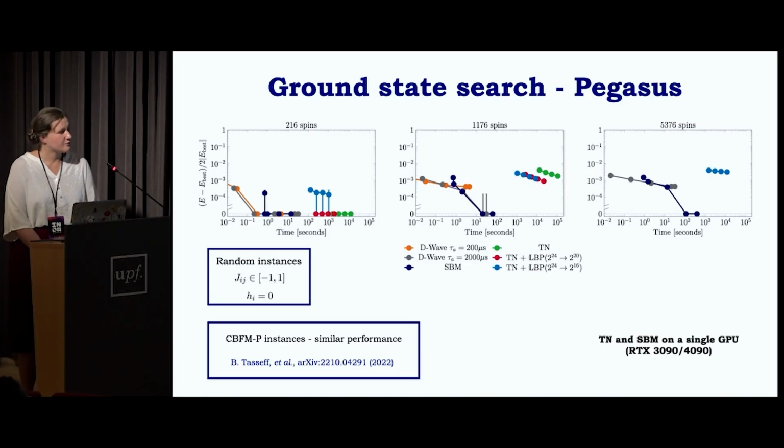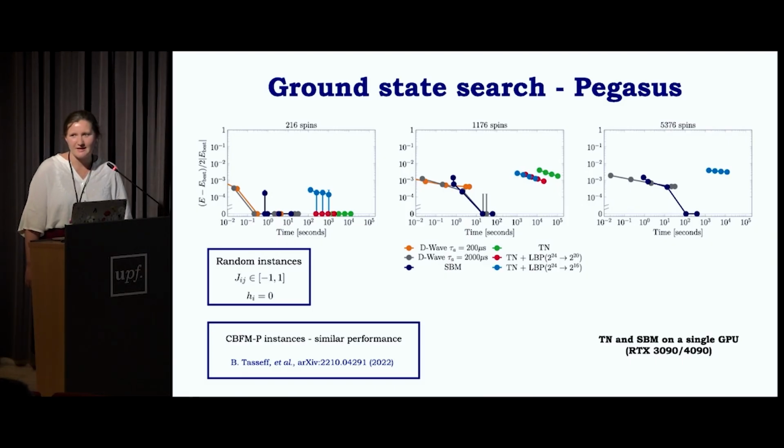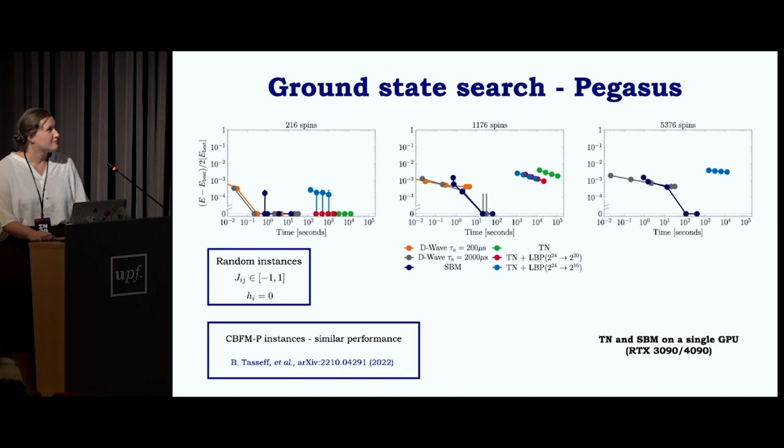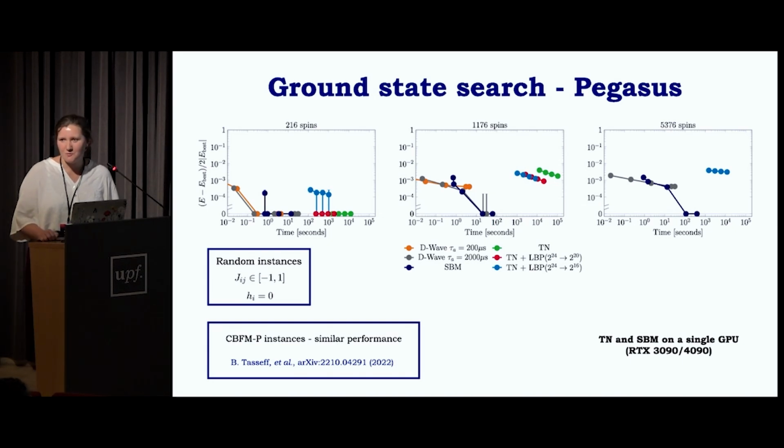However, tensor networks with dimensional reduction to 2 to the power 16 states in each cluster can't find the optimal solution, and this is due to the fact that the ground state is no longer supported on this reduced set of possible spin configurations. For the larger problem instances, like with 1,000 spins and 5,000 spins, the tensor network method gives us solutions with energies that are below approximation ratio 10 to the power -2.